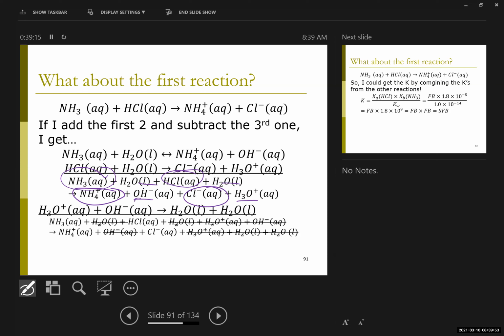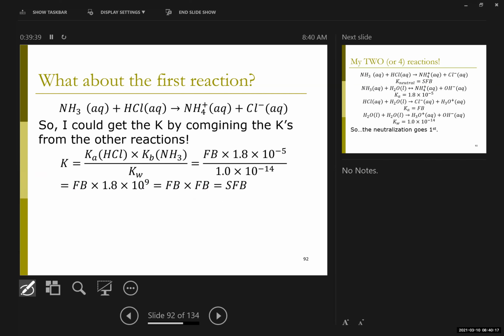As we saw before, when we were talking about the conjugates, if I add 2 reactions together, what happens to the Ks? They multiply. If I subtract a reaction, what happens to the Ks? They divide, because I essentially added it upside down.